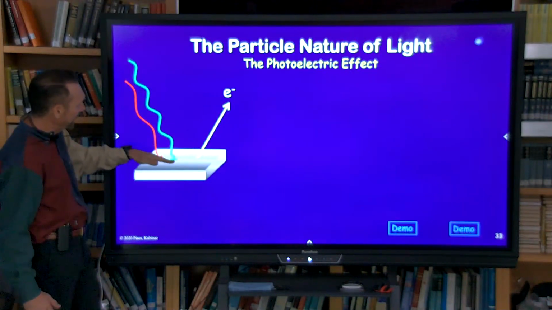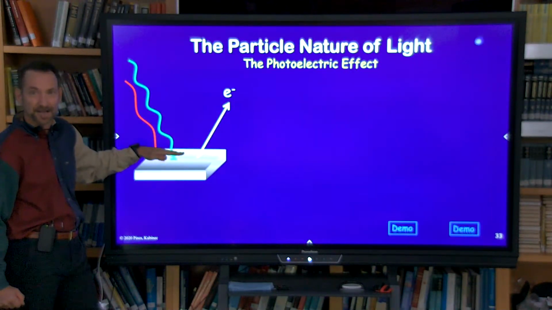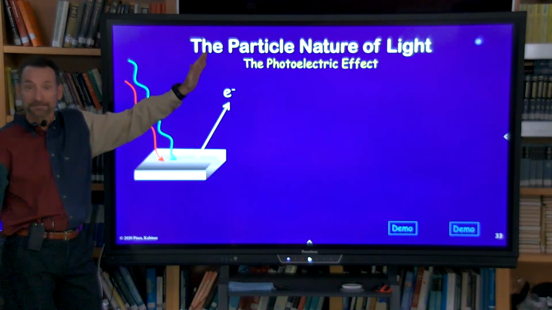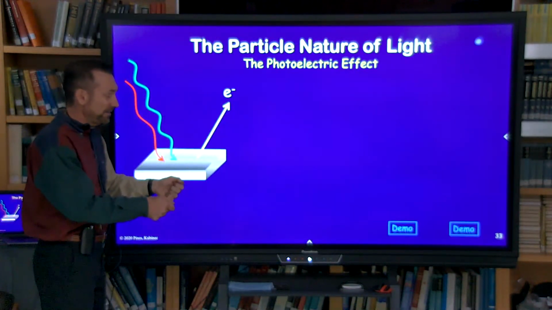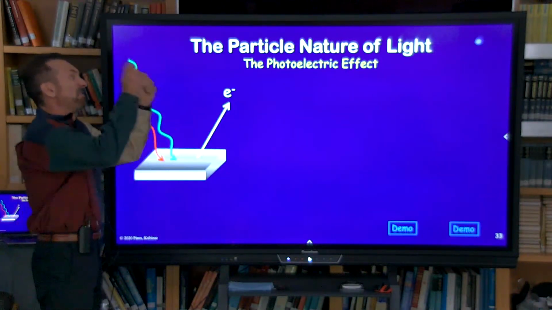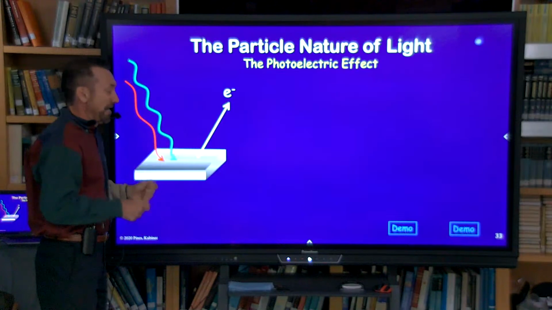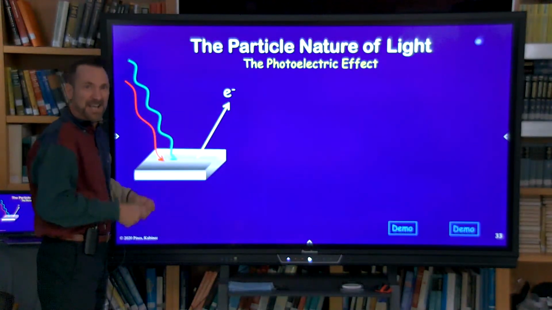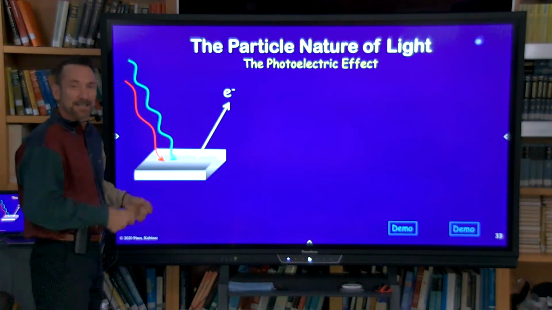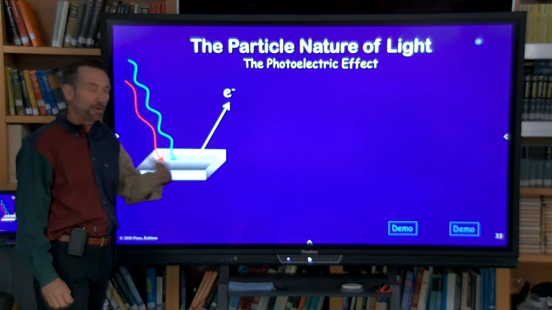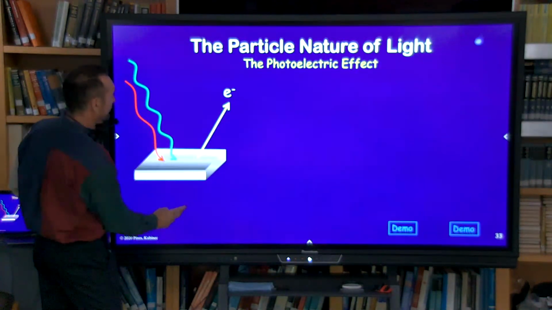But as soon as you get to green, higher frequency, shorter wavelength, electrons start coming off. So that's strange. Rather than doing this high amplitude, you go to higher frequency. And for some reason, higher frequency makes the electron jump off. So that was not well understood.